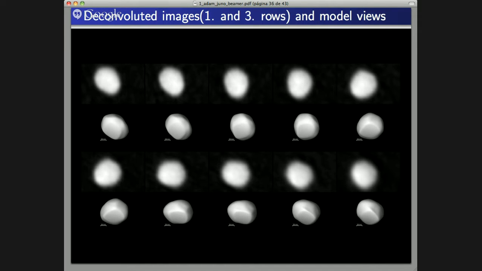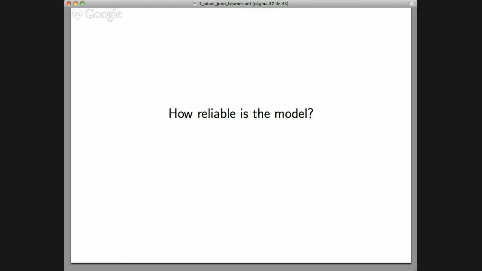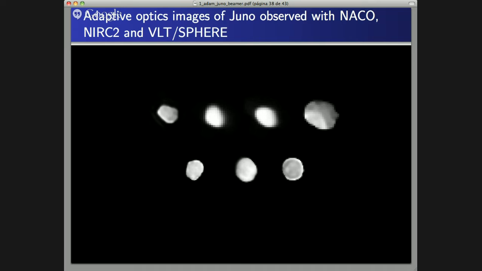So, of course, the question is how reliable this model is. We have a model that fits the data, but we don't know if it is actually Juno. So with some other data, we have adaptive optics images from Keck and also SPHERE data from the Very Large Telescope.